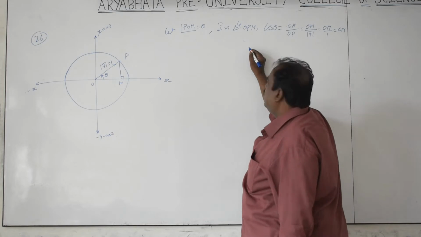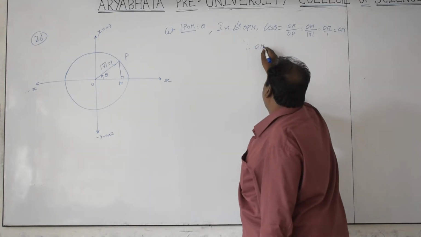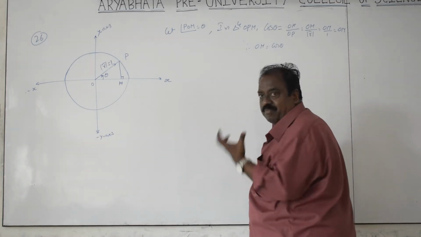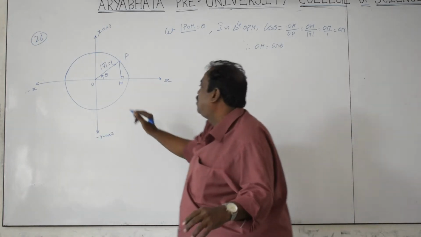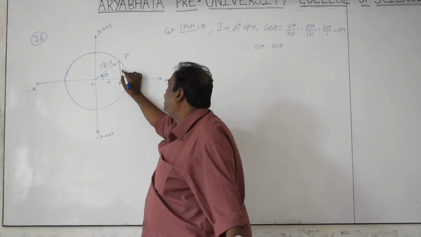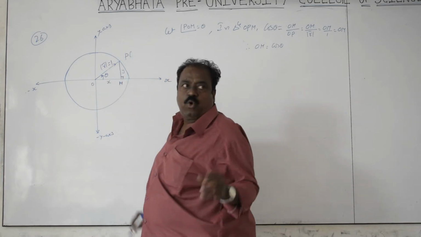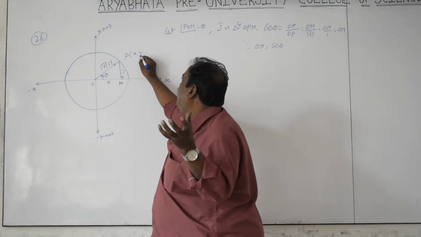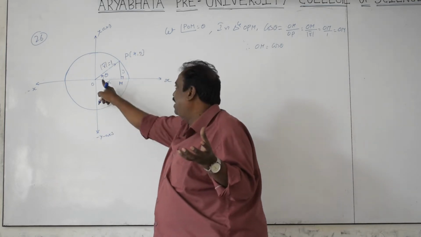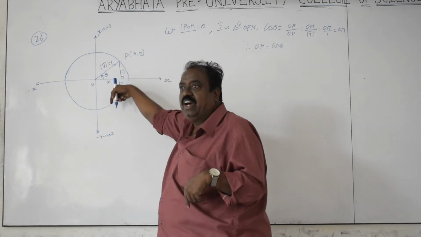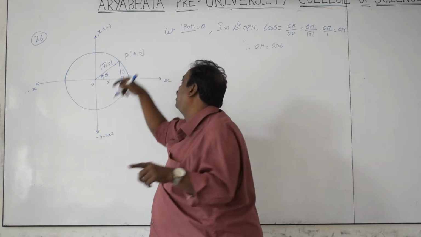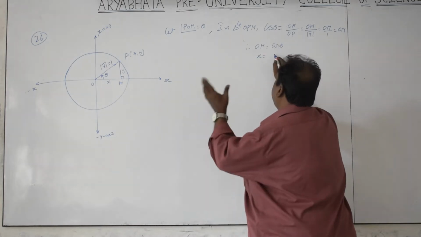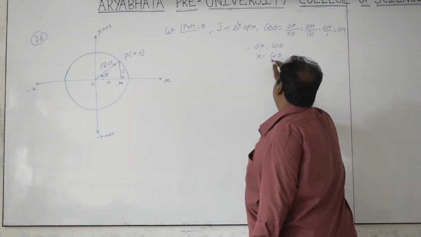Therefore, OM is equal to cos theta. What is OM? Suppose let it be x and y, the coordinates in geometry, x comma y, x coordinate and y coordinate. So here OM is x, and it is cos theta.